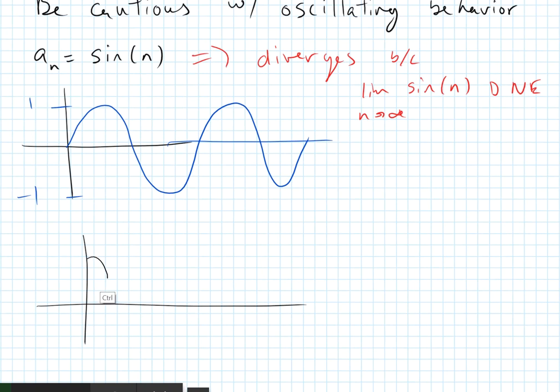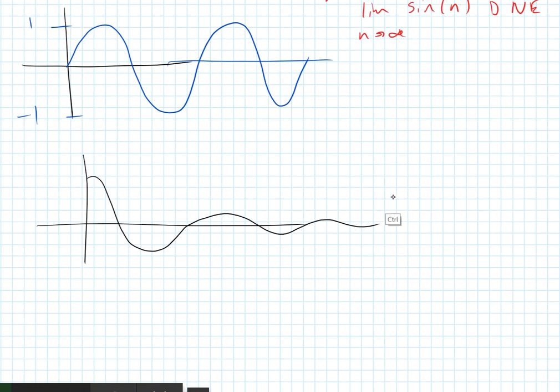If the oscillation decreases to the point where it's bouncing up and down around a particular value, we'll call this value big L. So it's the limit as n approaches infinity of this function f of x. Since it equals some specific value, since it's getting closer and closer to that value, it converges.